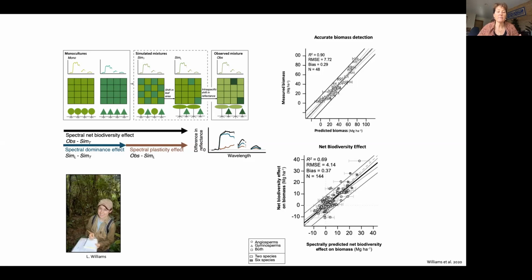And in general, many experiments are showing that when you grow multiple species together, you get more productivity than expected from what you get from growing individual species in monocultures.